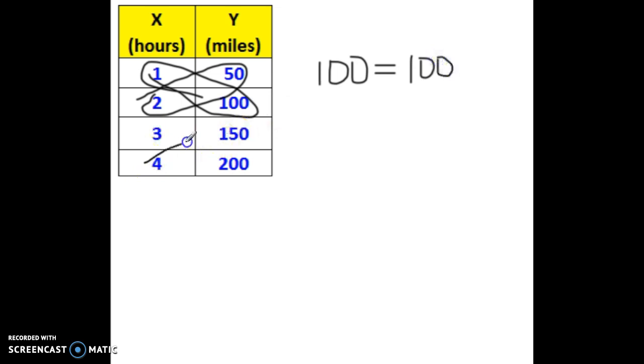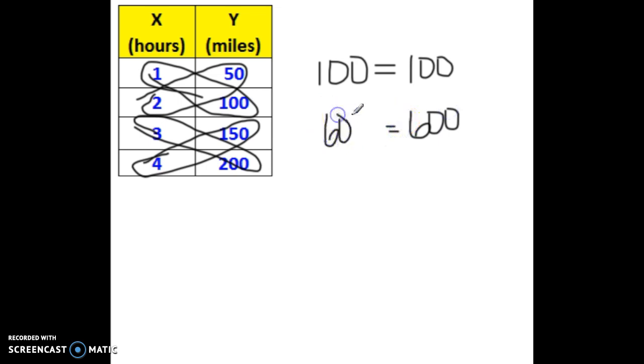We can do the same thing here where we look at these versus those, and we get 4 times 150 is 600, and 3 times 200 is 600. So either way works. I like the way where you do y divided by x, and that's the way I'm going to show you on the next few exercises.